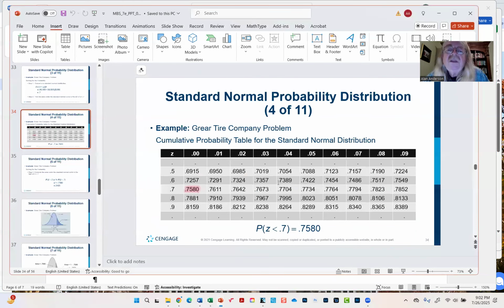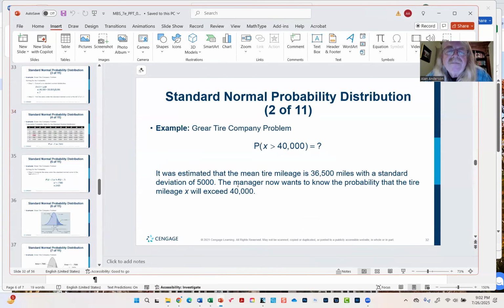Now, what they've done here is they've put a table in here. There does exist a table which is designed to help you calculate standard normal probabilities. It's in the back of the book somewhere, but with the calculators, you don't really need it. Before calculators came along, this is how people calculated normal probabilities. But now we've got calculators and we have Excel. But here they're using it just to illustrate that this is how a table would work.